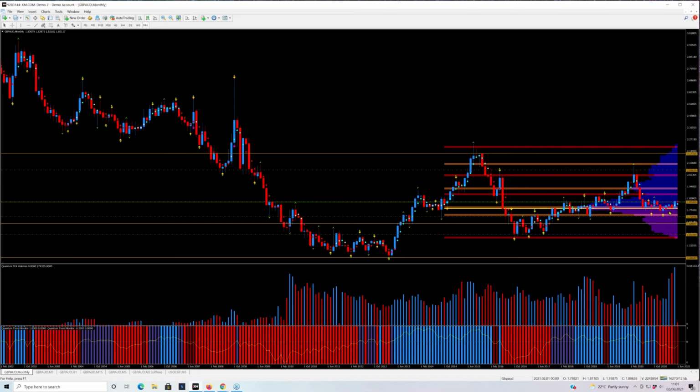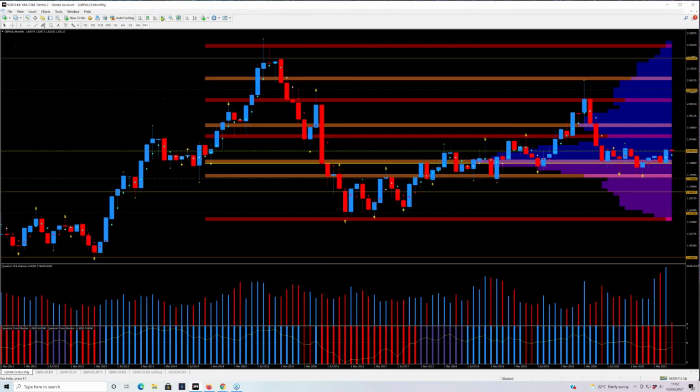So maybe it's because we've had this break from the VPOC. And yes, as I said, we had a tall candle. Then at the beginning of the month, there's always this reaction to the price action. It always happens. Are we going to get a follow through? But that amount of volume with that size of candle is just something to be aware of.